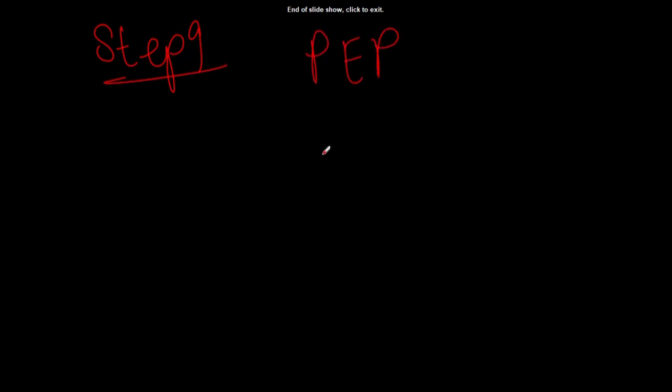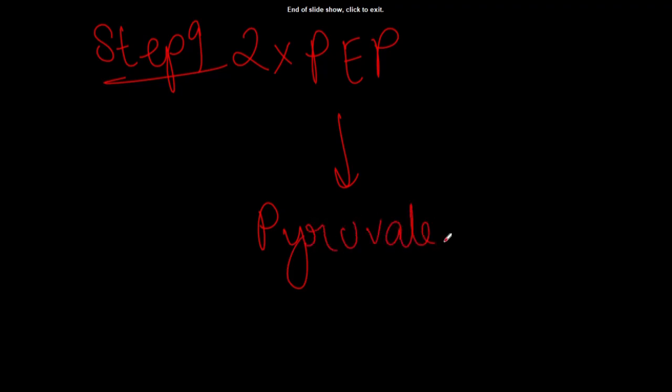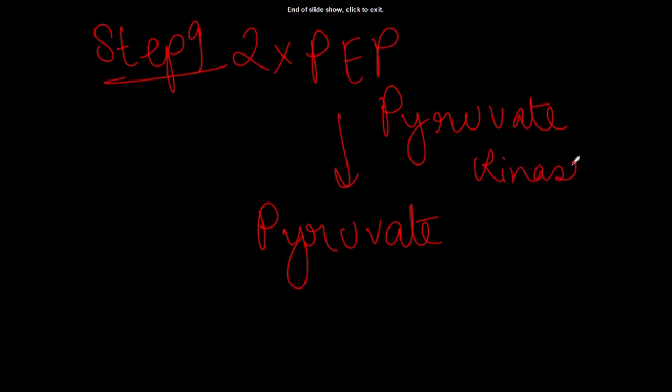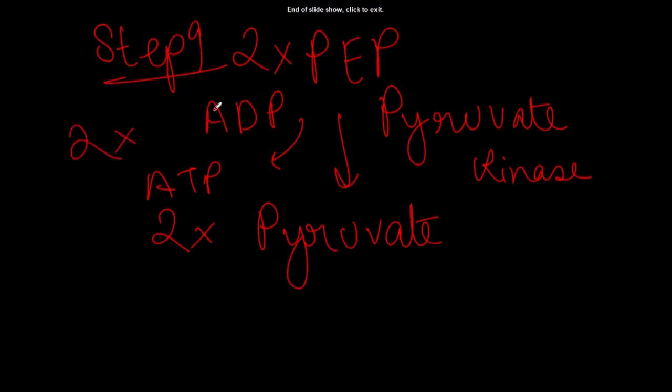PEP, that is phosphoenolpyruvate. 2 molecules get converted into pyruvate by the reaction of pyruvate kinase. 2 molecules of pyruvate are formed, and ADP gets converted into ATP. Here also 2 molecules of ATP are formed.